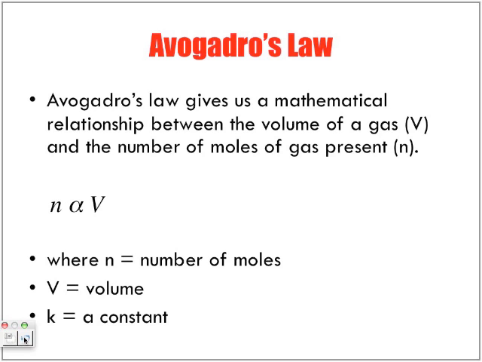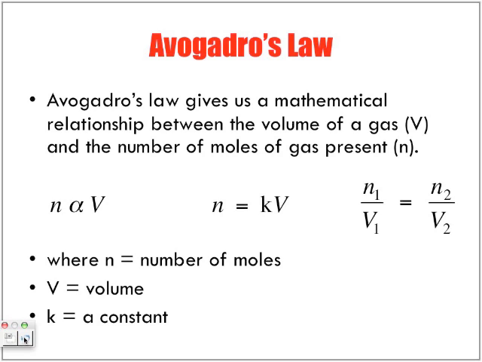So n, the number of moles, is directly proportional to V, which means n is equal to some constant multiplied by the volume. Which means if we increase the number of moles, we'll also increase the actual volume as well. So it's a direct proportion.